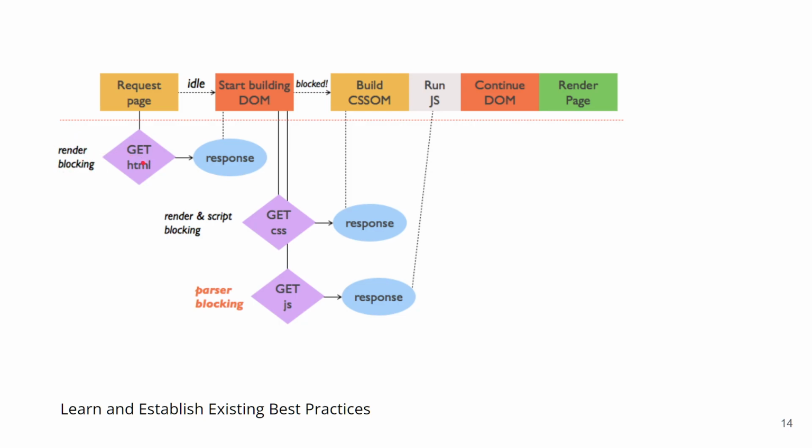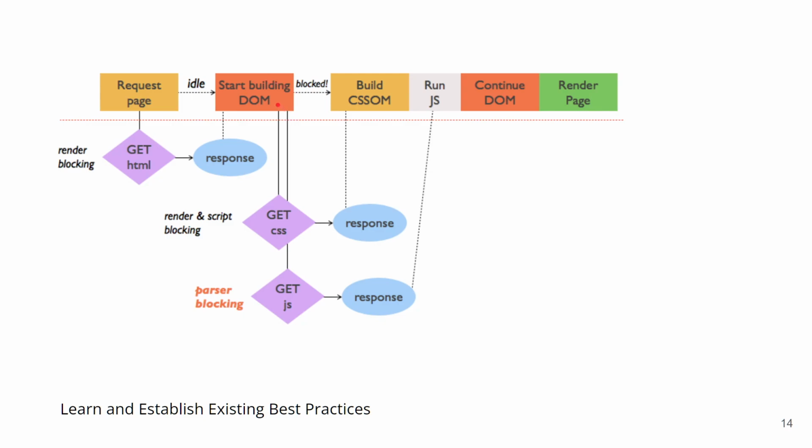Now, for getting the HTML, there's the response. It will get first the head part of the HTML and then the body. So what is being discussed here is if you put everything in the body, or both in the head and the body. So it starts building the DOM.